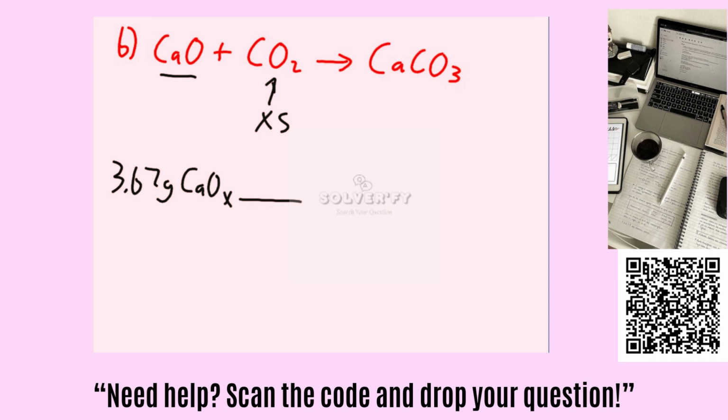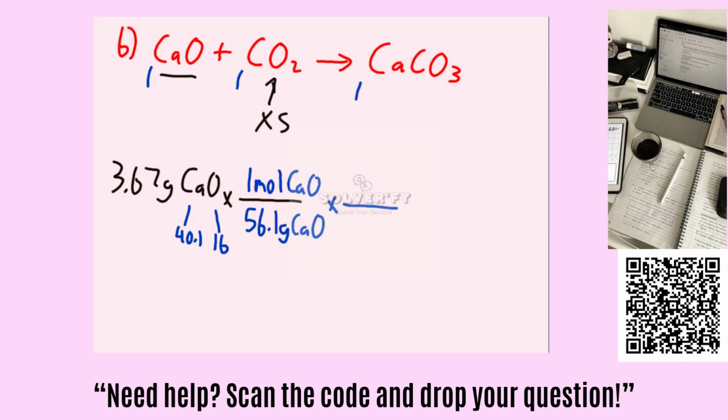Now, the molar mass of calcium is 40.1 and the molar mass of oxygen is 16 grams per mole. So we'll add those together and get 56.1 grams of calcium oxide for every mole of this substance. Once again, we have a 1 to 1 to 1 ratio, so our mole ratio will be quite simple. For every mole of calcium oxide, there is a mole of calcium carbonate.